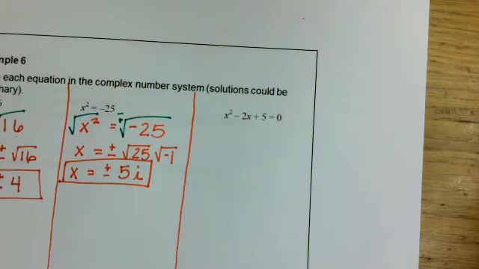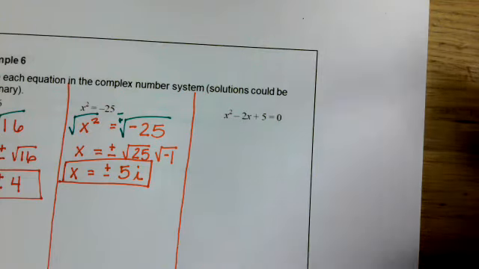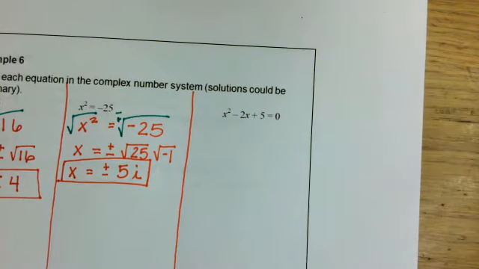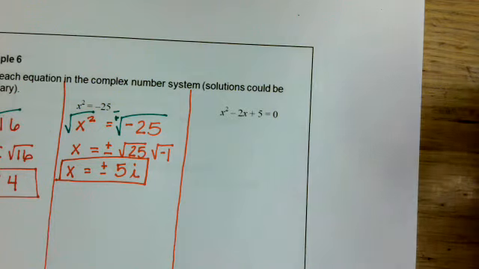Solve each equation. x squared minus 2x plus 5 equals 0. So we have a quadratic equation, and we need to solve for x. Do you see a way to factor it? Do you see a good way to complete the square? No, we might want to just go straight to the quadratic formula.